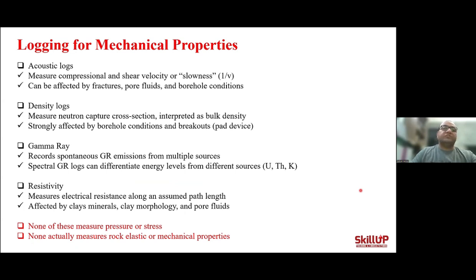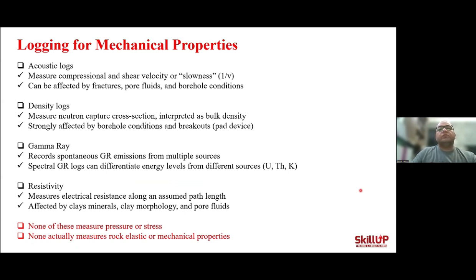How to measure stress? You have to go with the DFIT and the minifrac. There is no log that can actually get stresses. All these logs can get just an estimation. From the dipole sonic log, you can get just an estimation, not a real measurement. And you cannot get pore pressure from logs. You have to go with the downhole memory gauge, build-up, RFT, DST, anything.